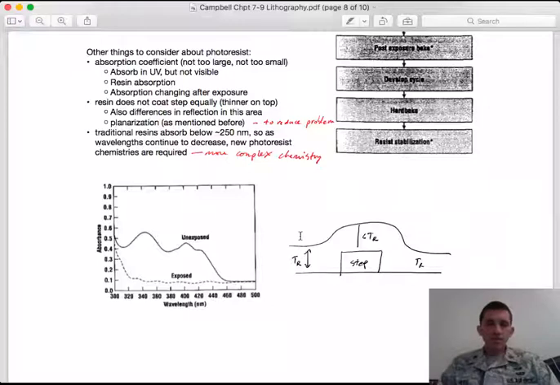And also, in many photoresists, the absorption coefficient is changing while it's being processed, right? So we have unexposed with some absorption coefficient. As it's being exposed, we are chemically changing the photoresist, which is changing its solubility. It can also potentially be changing its optical properties and lead to different absorption.